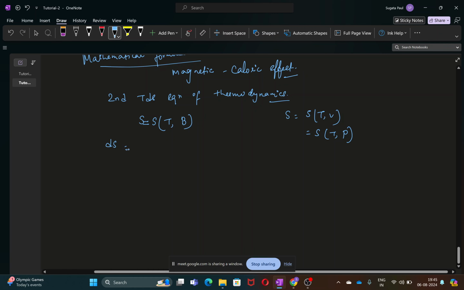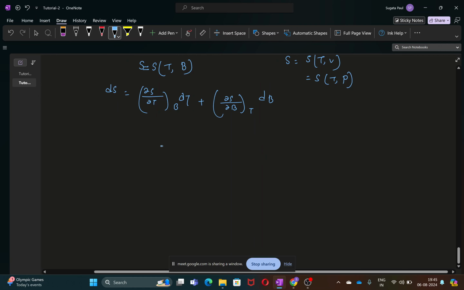That means your dS equals (del S del T) at constant B dT plus (del S del B) at constant T dB. Now TdS equals T (del S del T) at constant B dT plus T (del S del B) at constant T dB.